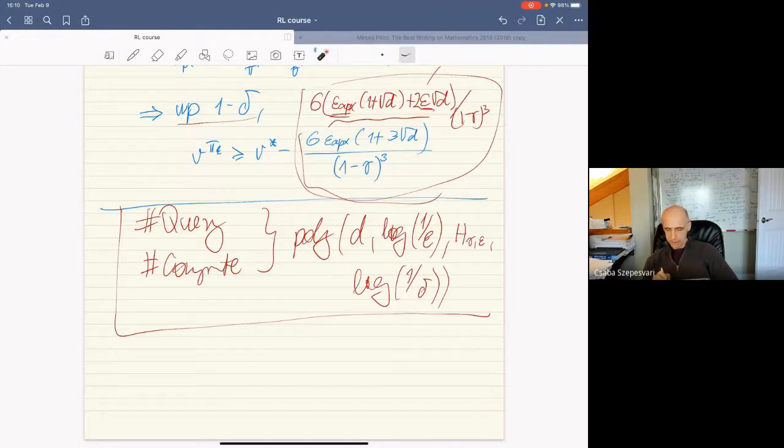The inflation is happening because of the square root of d and this 1 over 1 minus gamma cubed. So this is a horizon effect, and this is a functional approximation effect. And so that's the result that you can get for approximate policy iteration. Does this make sense?